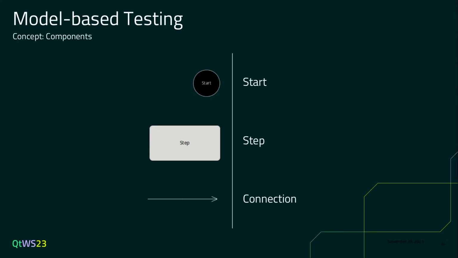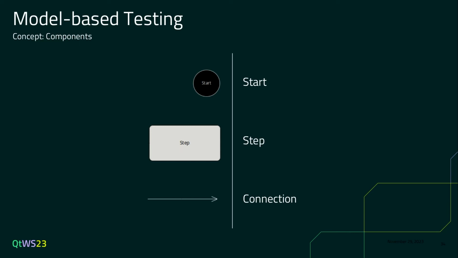What our tooling, what our product is introducing is these three simple components you can draw. The first component is just the start. We all started today maybe in the hotel or at home, and this is the point where the model starts.